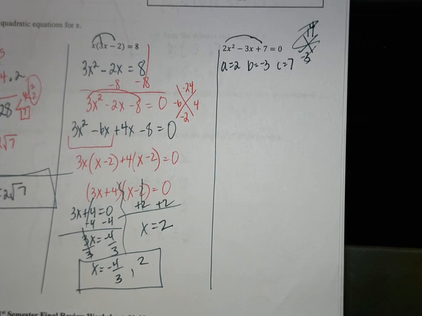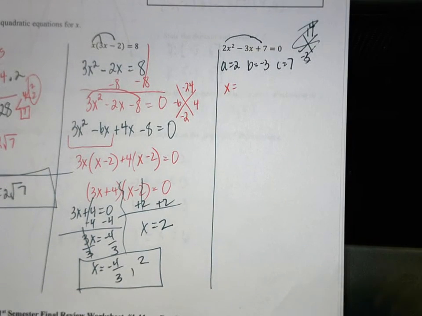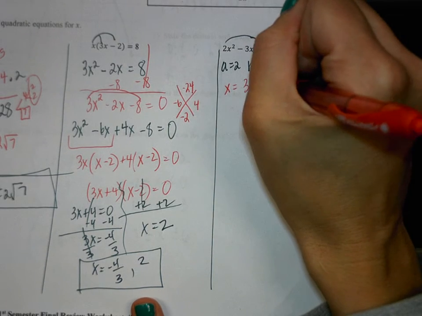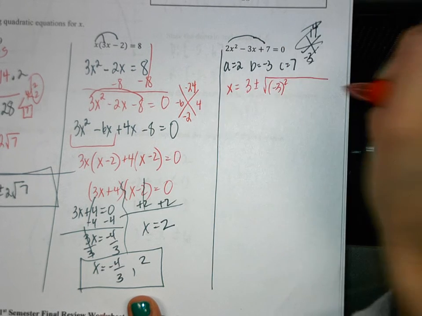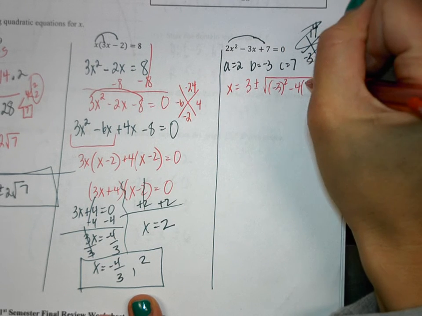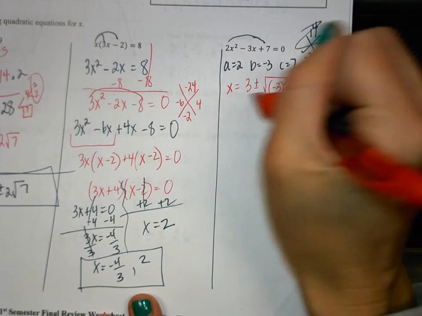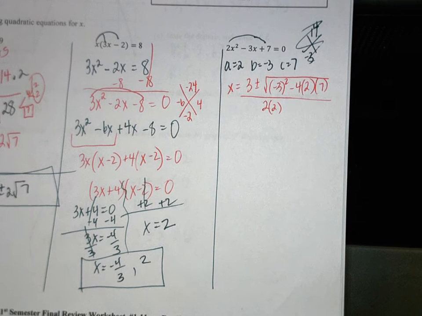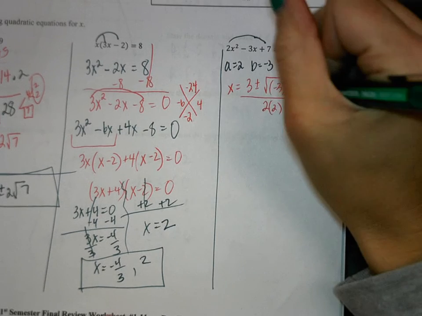If it's not set equal to 0, you have to move everything around until it is. Okay, so quadratic formula. We get x equals negative b, which would be positive 3, plus or minus the square root of negative 3 squared minus 4 times a, which is 2, times c, which is 7, all over 2 times 2. I like to save myself a little bit of time, so I would go ahead and square negative 3.